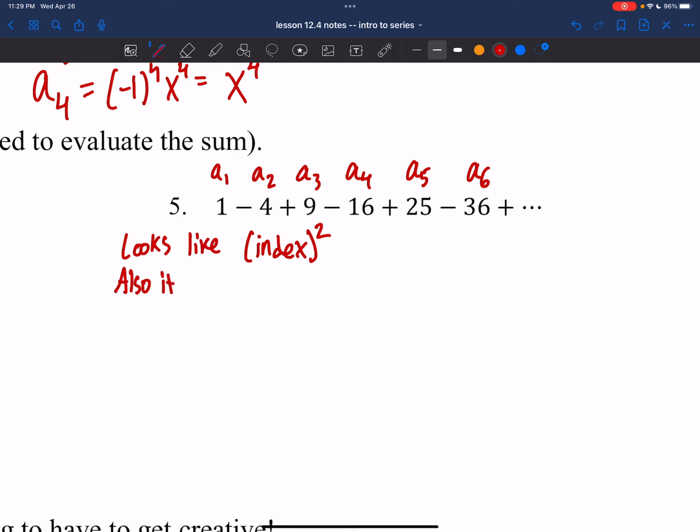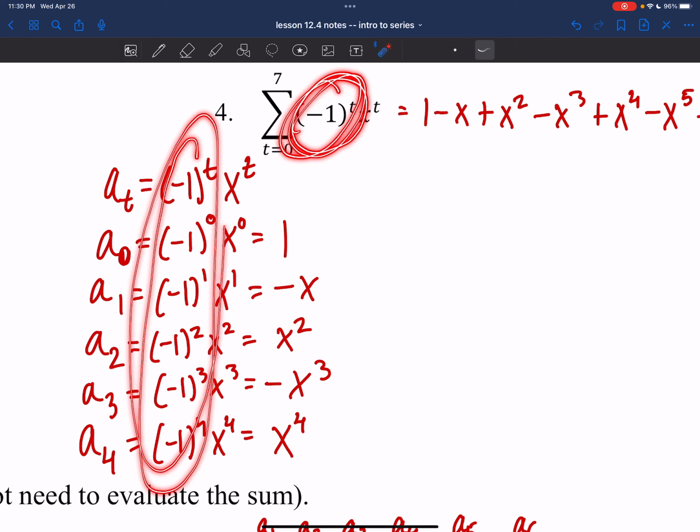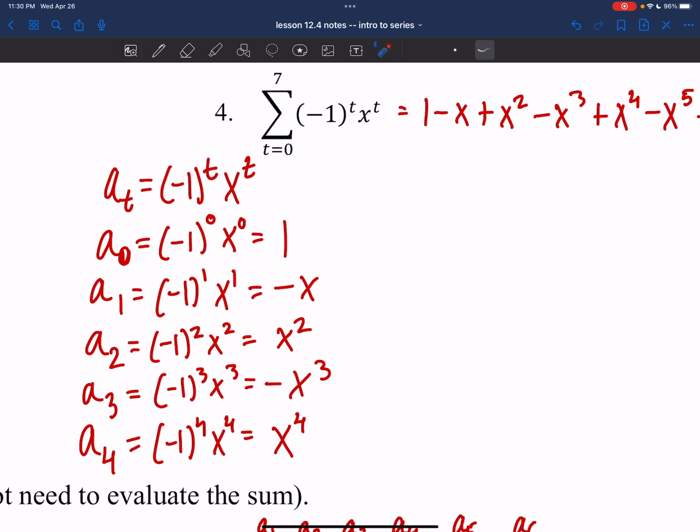Also, it is alternating: plus, minus, plus, minus, right? So how do you deal with a plus, minus like this? Well, remember this guy? The -1 to some power, that's what helps create it alternate.